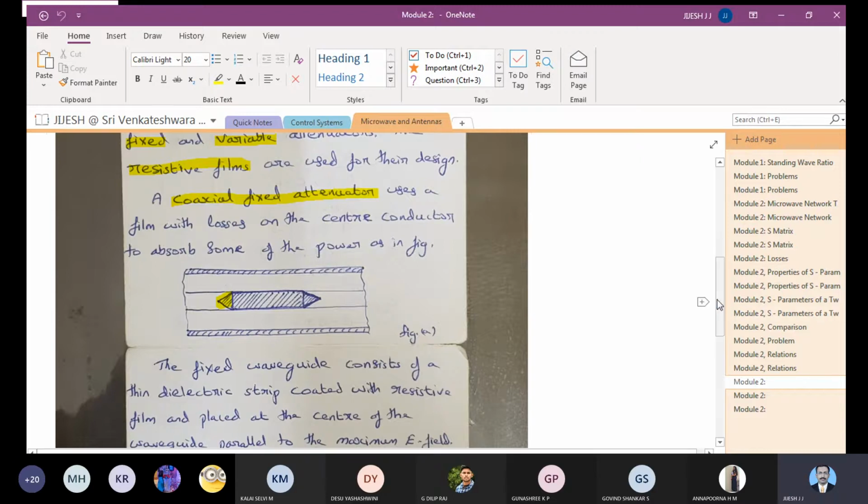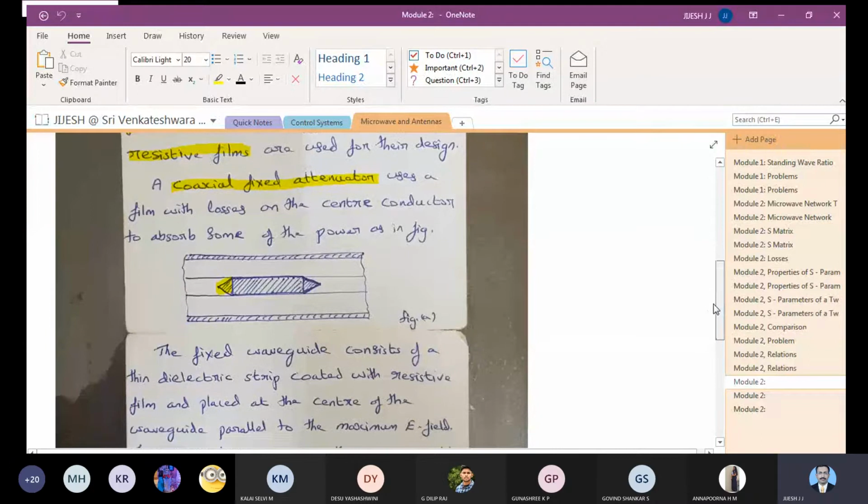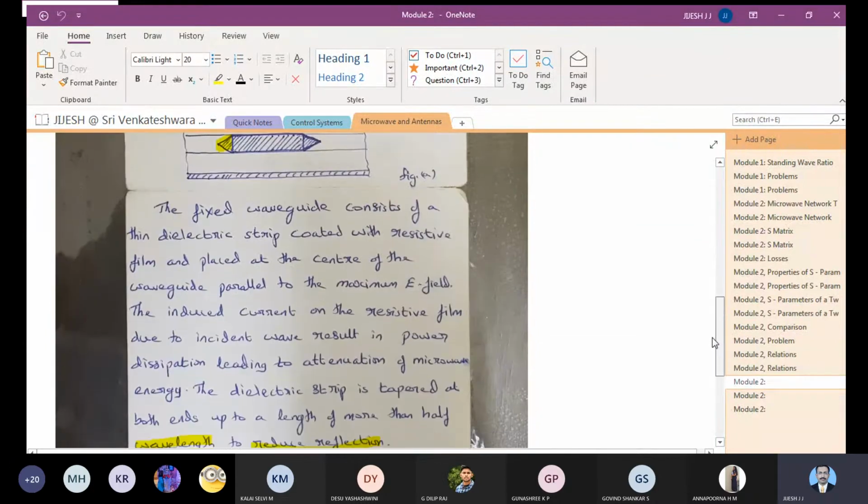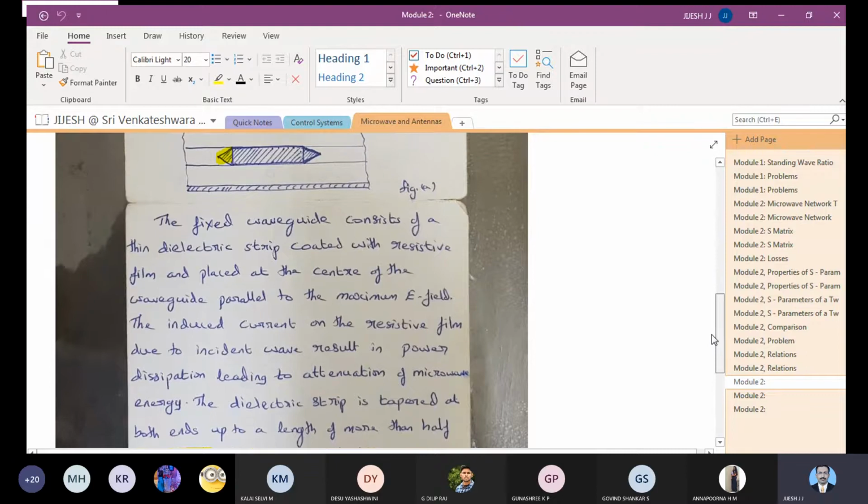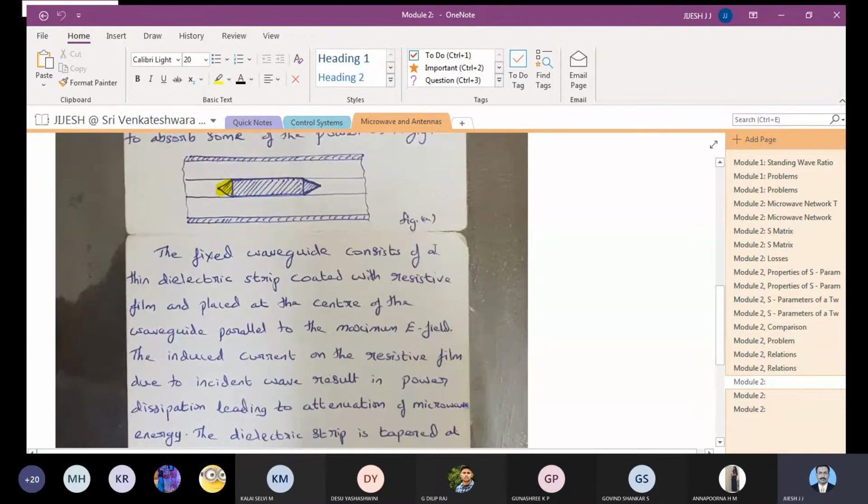The main purpose of the tapering at the corners is to avoid or reduce the reflections. This tapering has to be half of the wavelength, and this is what we have seen with respect to the fixed attenuator. This is what we discussed in the previous class.